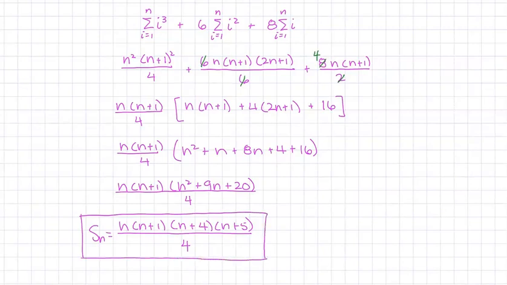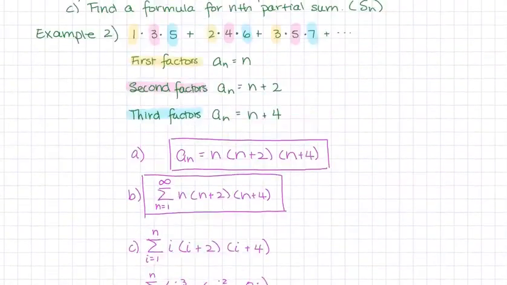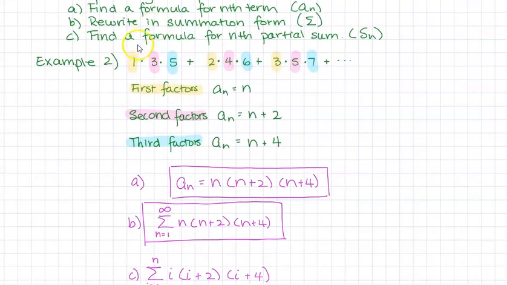So let's look at what we did real quick, because it is really quick. We looked at each term factor by factor. So when it's factored out like this, you can just look at each factor and see a pattern and then put all that together for your formula for a sub n, which gives you your sigma.